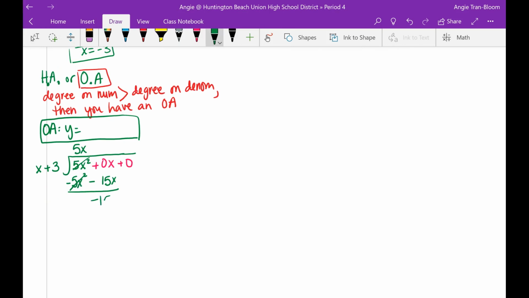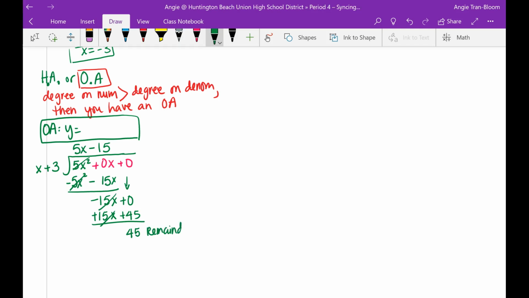So now I have negative 15x, bring down my 0. Negative 15x divided by x is just negative 15. Multiply it back: negative 15 times x is negative 15x. Change the sign to positive 15x. Negative 15 times 3 is negative 45. Change the sign to positive 45. So my remainder is 45.